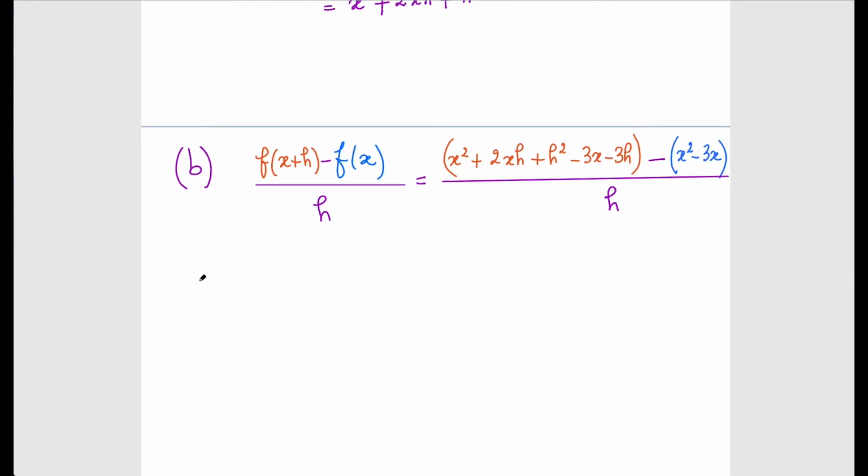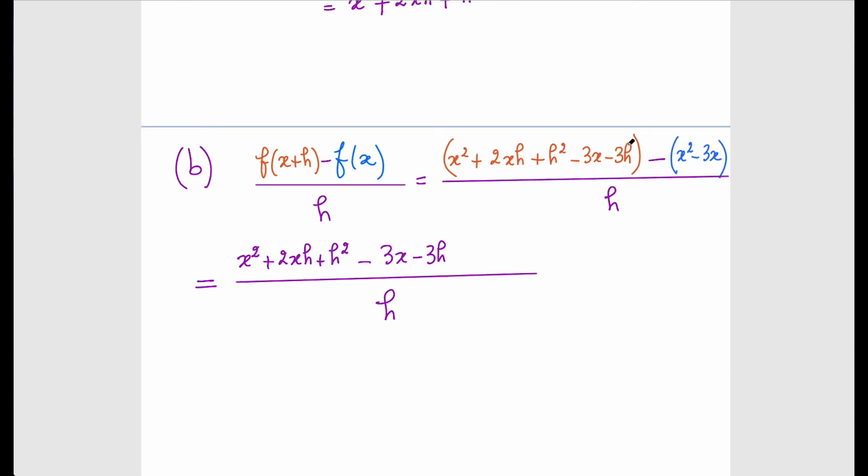So let's try. So I have this over h still. Upstairs I have, let's destroy the parentheses here. Those parentheses are not doing anything, right? So I'm gonna destroy them. X squared plus 2xh plus h squared minus 3x minus 3h.